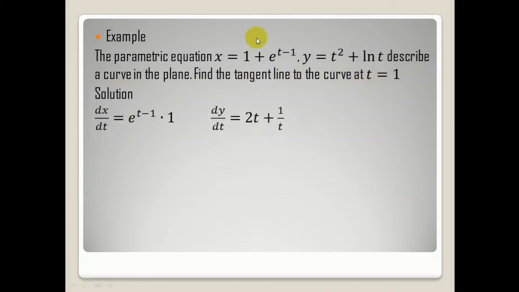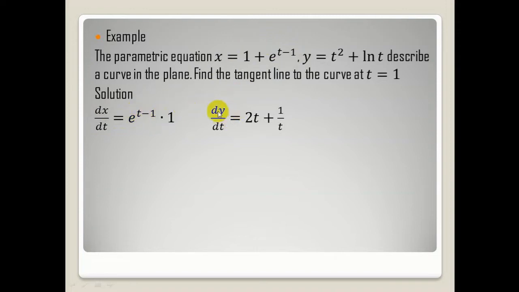Solution. You need to differentiate because x and y have the variable t, so you need dx over dt. The derivative of 1 is 0, so we don't need to put it in here. The derivative of e to the power t minus 1 is itself times the derivative of t minus 1, and the derivative of t is 1.